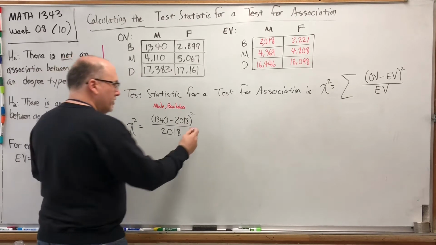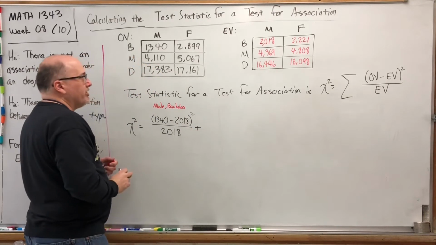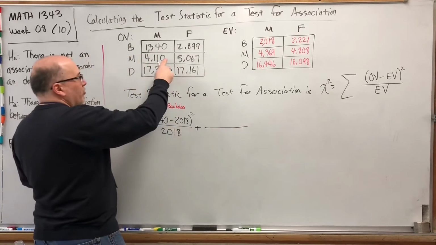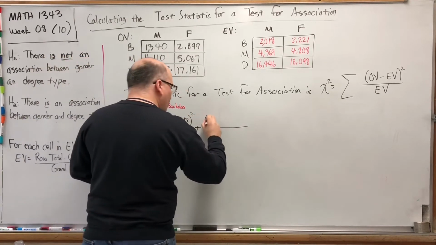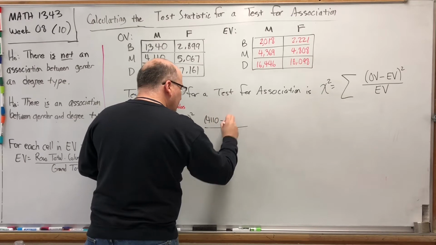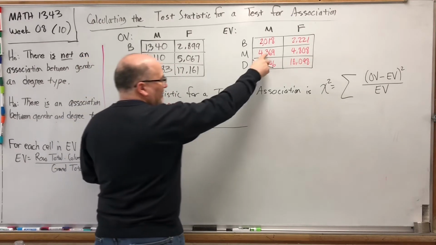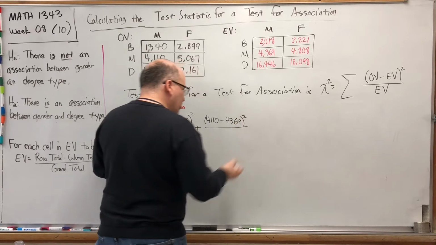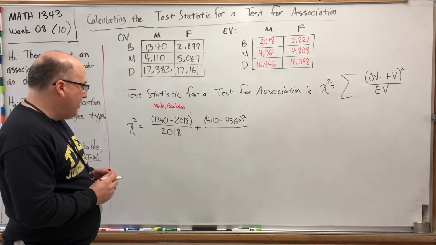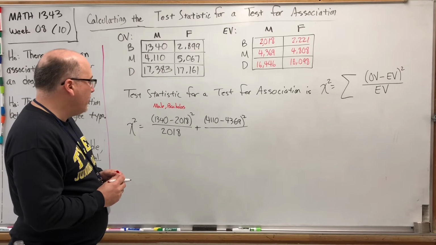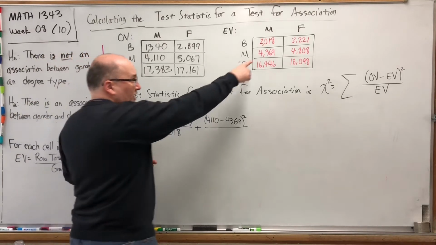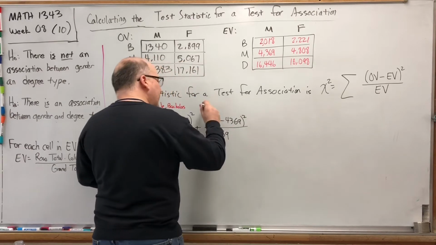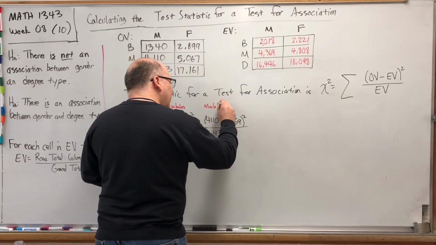And again, this is for male bachelors. If we continue doing these cells for the males, then the number of males that we observed who got master's degree was 4,110 minus what we expected was 4,369. That difference gets squared. And then that gets compared to what we expected, which was 4,369. This is male masters.